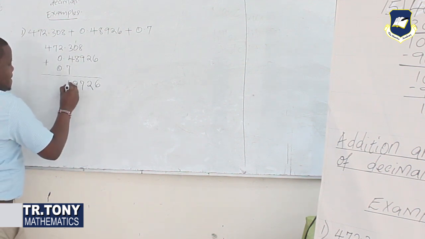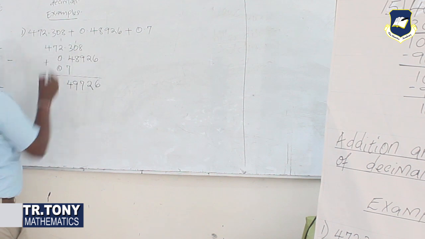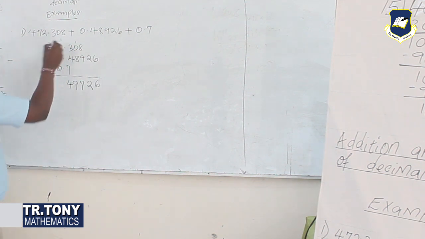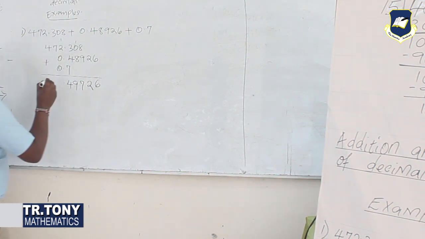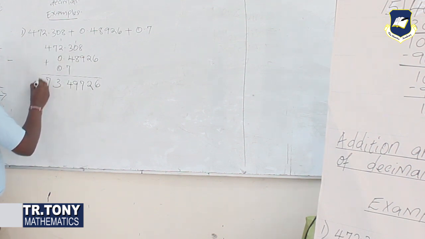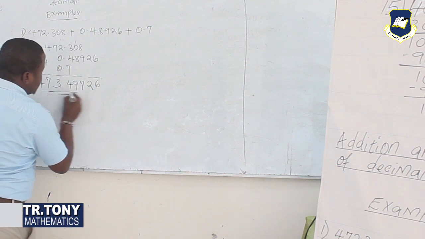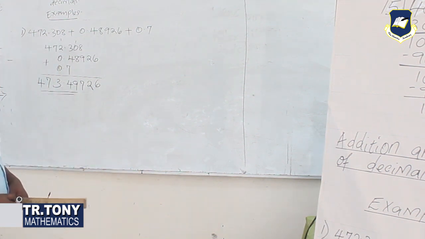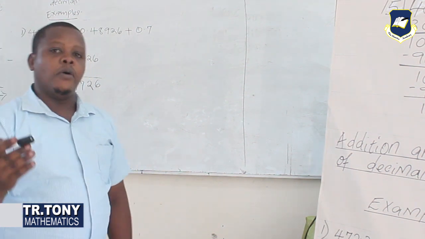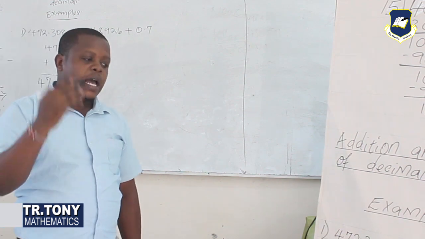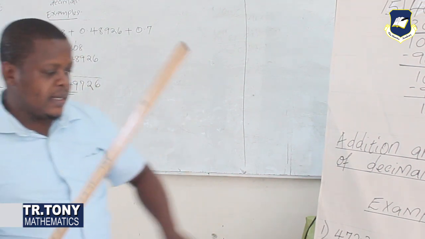So you write 4, decimal point, carry 1. 1 plus 2 plus 0 plus 0 gives you 3. You drop down the 7, then you drop down the 4, and that becomes your answer. Remember, like I've just said, you should be able to align the digits according to their place value.